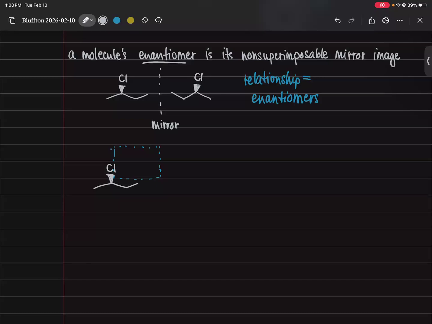The chlorine is leaning back. If you do this in front of the mirror, which way is your reflection leaning? Away from you, so into the board. So your reflection is leaning back away from you.